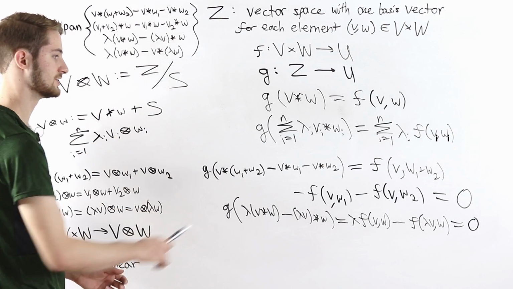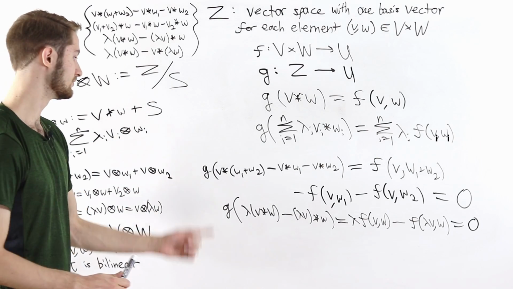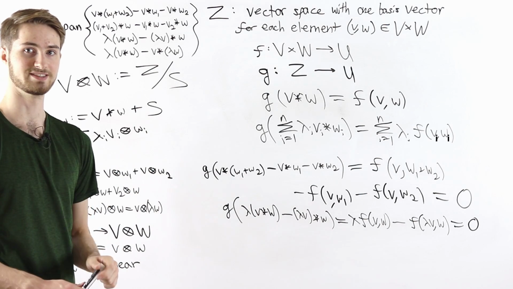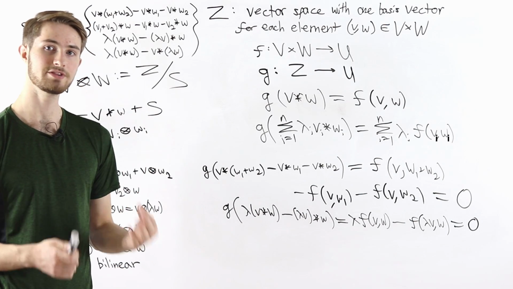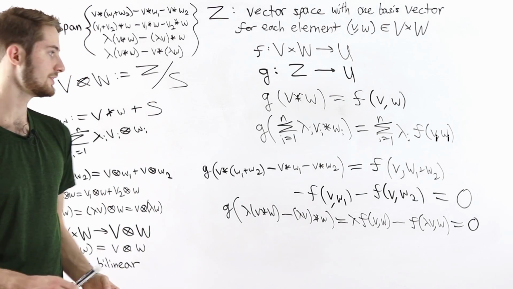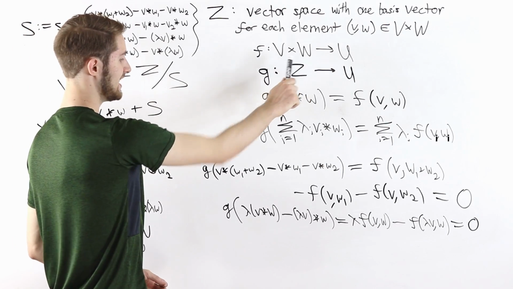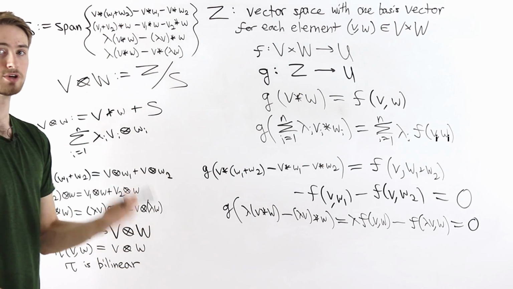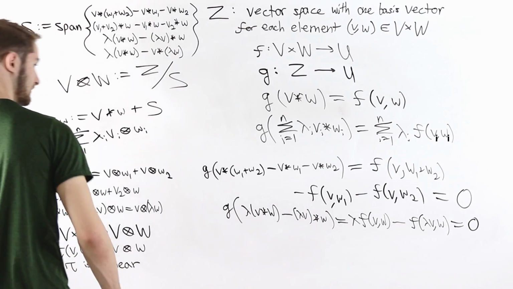Similarly, the fourth expression is 0, and therefore the function g is 0 on every single element of the subspace S. So at the end of the day, g is 0 on S because our original function f is bilinear, and each of these expressions is expressing a property of bilinear maps.